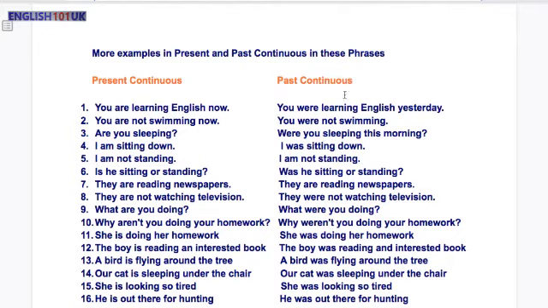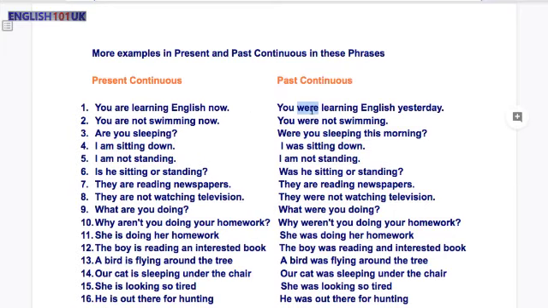So let's read number 1. In the present we say, you are learning English right now. When we make it in the past, it becomes, you were learning English yesterday. So we have are becomes were.